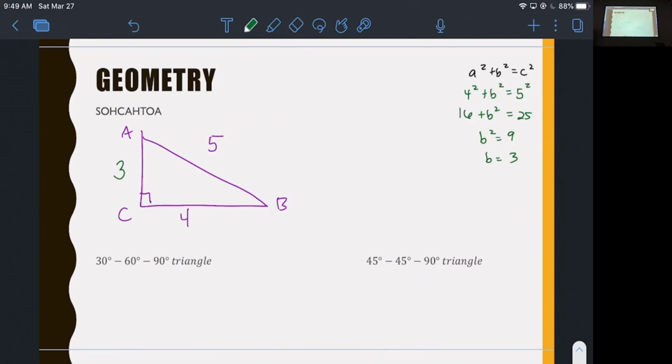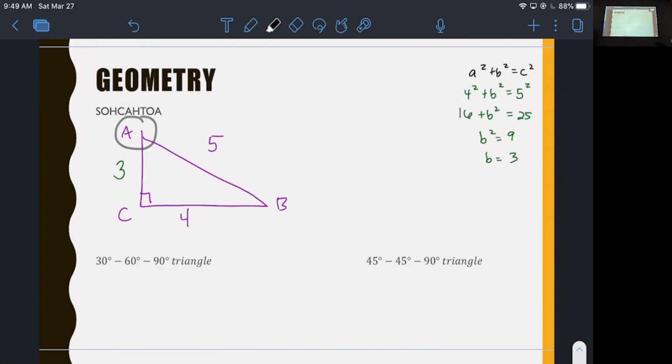If they ask you, like, what is sine A or what is cosine B in this triangle? What I always tell my kids to do is circle whatever angle you want to work from. So we can work from angle A or angle B. Let's start by working from angle A. Whatever angle they're talking about in a SOHCAHTOA problem, if you're not comfortable with sine, cosine, and tangent, the first step is to circle the angle that they want you to talk about.